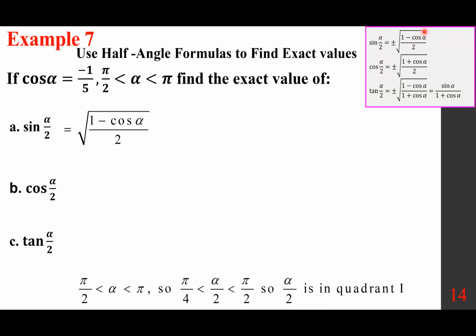This formula, and replace the cosine of alpha with negative 1/5. They add up to 6 over 5. Right? 1 minus negative 1/5 becomes 6 over 5. 6 over 5 divided by 2 is 3 over 5, again under the radical.